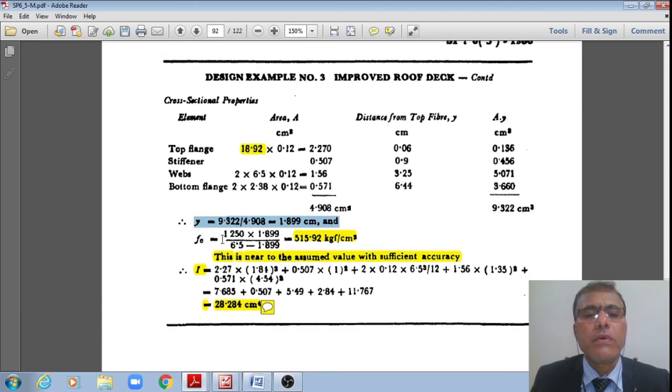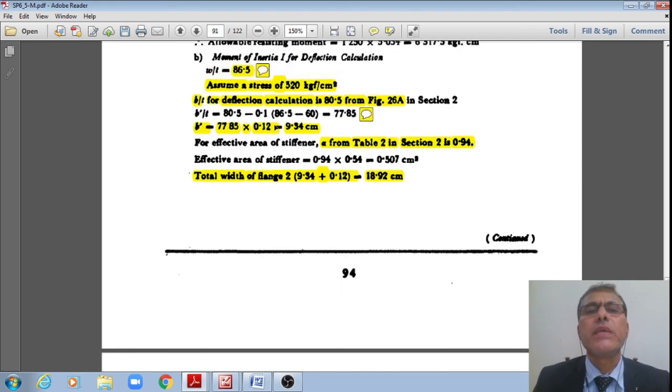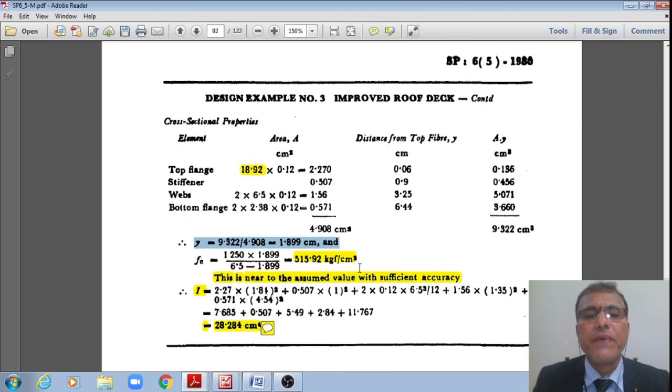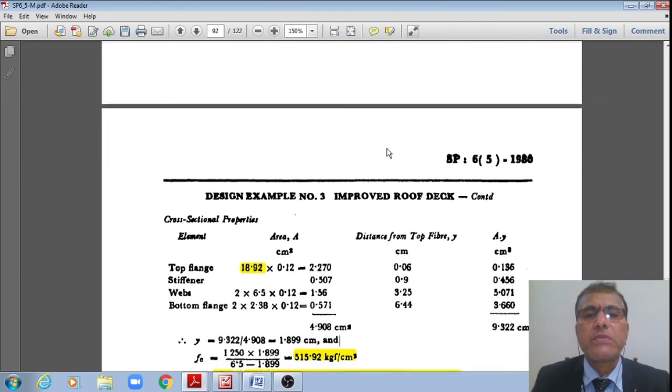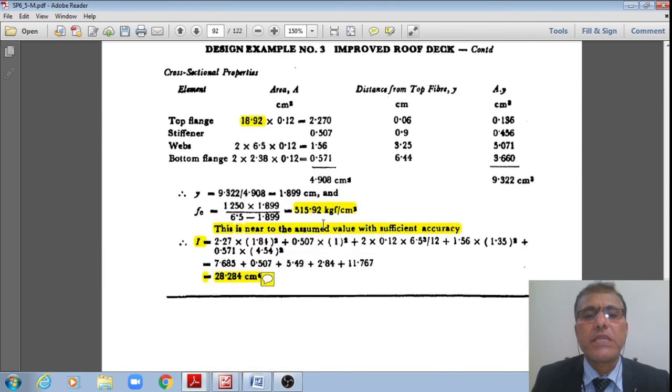The compressive stress at that level is equal to 1250 multiplied by 1.899 divided by 6.5 minus 1.899, which works out to 515.92. However, what you assumed is 520, and we ended with approximately 516. Therefore, our assumption is correct, and all these calculations, the effective width calculations and all the sectional properties, are correct.